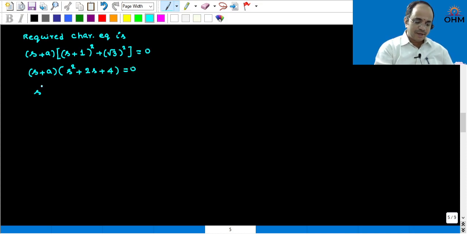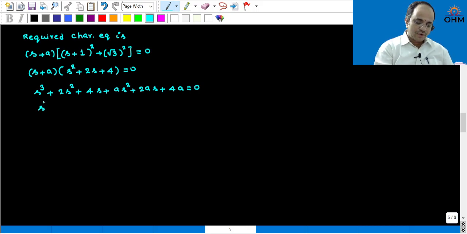Now let us multiply: S cube plus 2S square plus 4S plus AS square plus 2AS plus 4A is equal to 0.